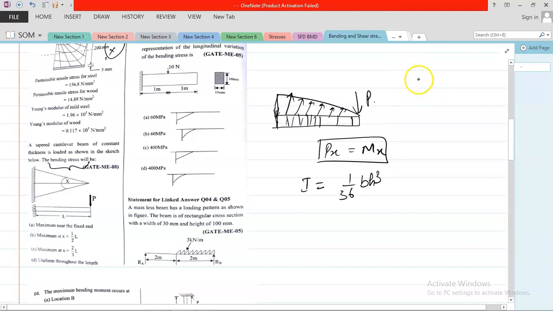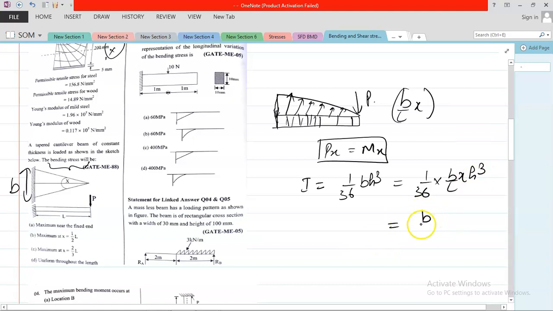Suppose the whole width is given as B, so B/L into x is your b. So I can write it as 1/36 into B/L into x into h^3, that is equal to B h^3/(36 L) into x.